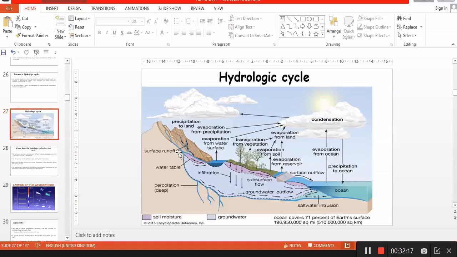If you want to discuss the process of the hydrologic cycle, you have to include all these processes in a systematic way to make your answer very comprehensive. That is my expectation. You understood? Yes, sir. Good. This is just a graphical representation of what we have studied so far.